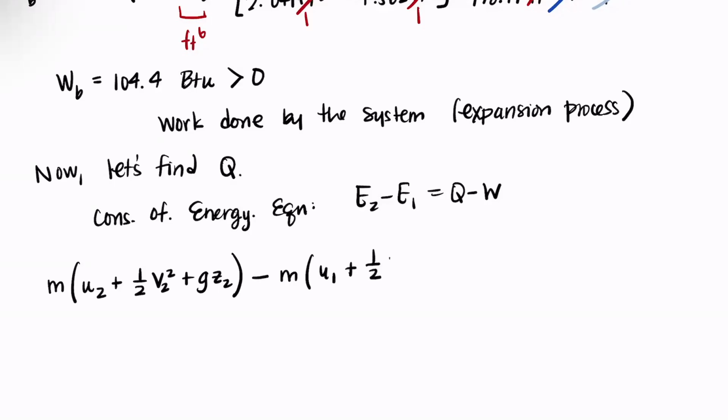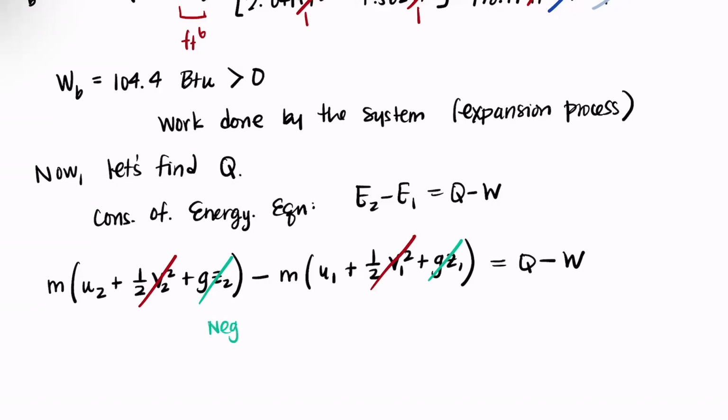So we have our internal energy, our kinetic energy, and our potential energy is equal to Q minus W. We're neglecting potential and kinetic energy, right? So I can get rid of those terms. So this is my kinetic energy, and this is my potential energy.